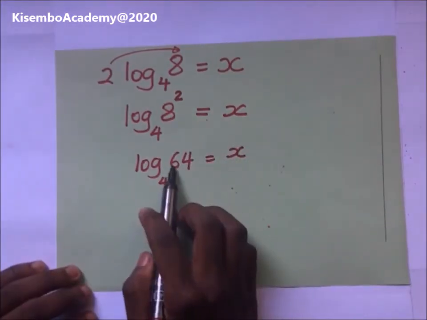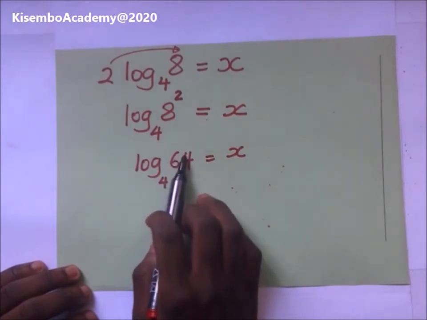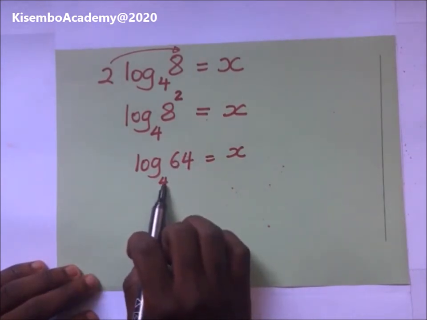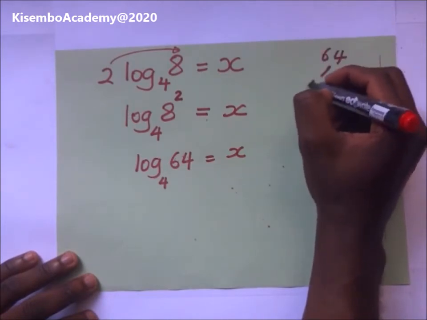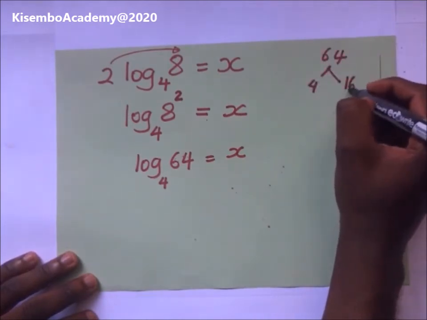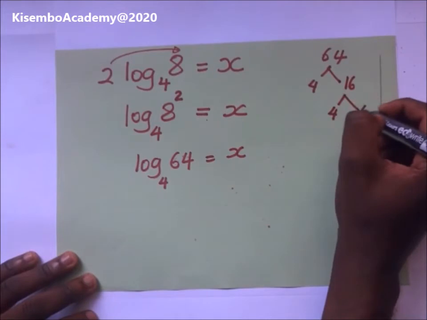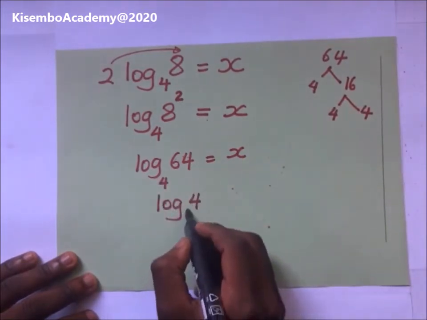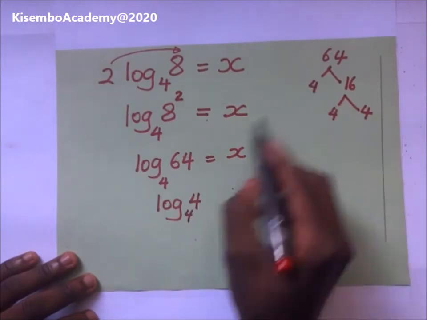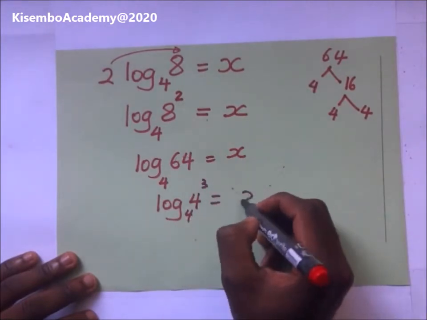Now when we factorize 64 using 4, we divide 64 by 4, which gives us 16. When we divide that by 4, it gives us 4. So this is the same as the logarithm of 4 base 4 to the power 3 is equal to x.